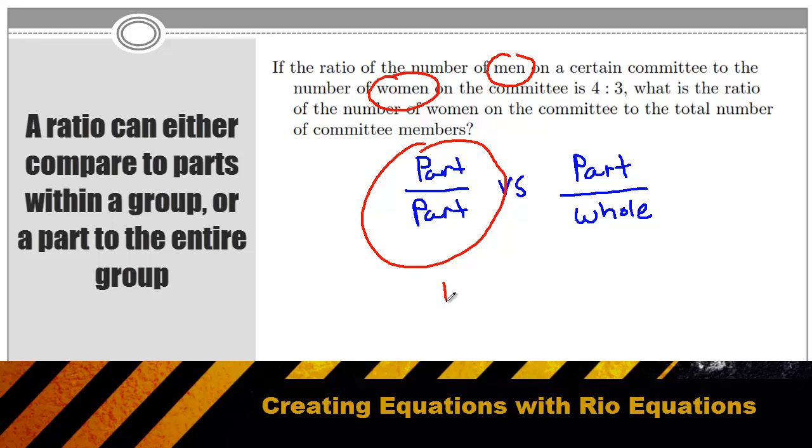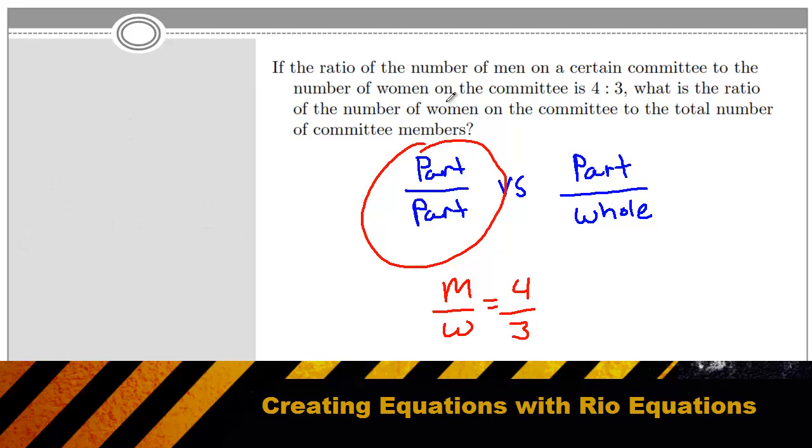They tell us that men over women is equal to 4 to 3, or 4 over 3. Then they want us to convert that ratio to the women over the entire total committee. Or they want to know what is the women over the men plus the women.